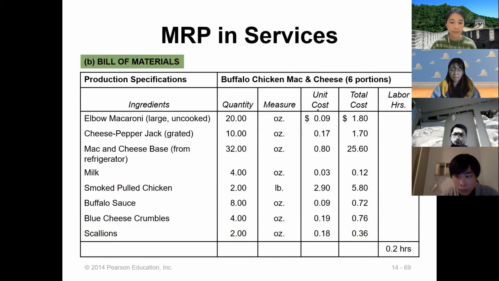So you still can develop a bill of materials for food products. For McDonald's or for Pizza Hut, they probably have a bill of materials as well in order to produce their products. So it's actually applicable. You can use MRP in services as well.